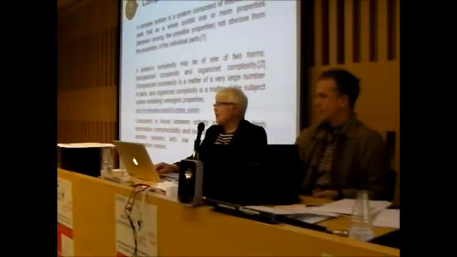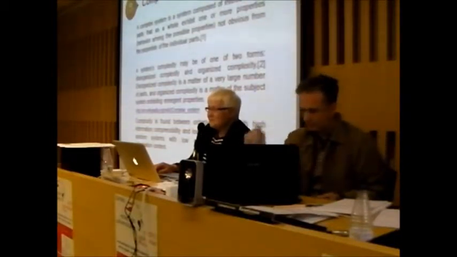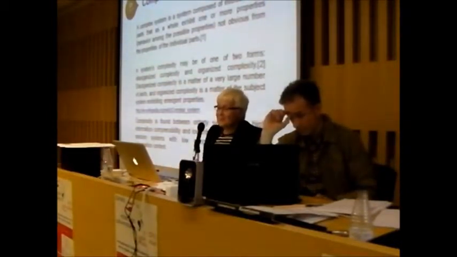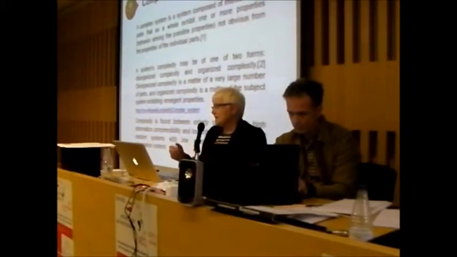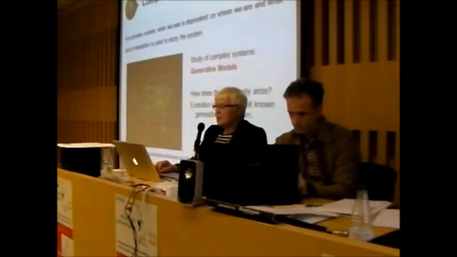And you have heard a lot about complexity. I can say in my world, a complex system is a system composed of interconnected parts that as a whole exhibit one or more properties, behavior among the possible properties, not obvious from the properties of the individual parts. So you have many parts, and then you have some new properties of the whole.